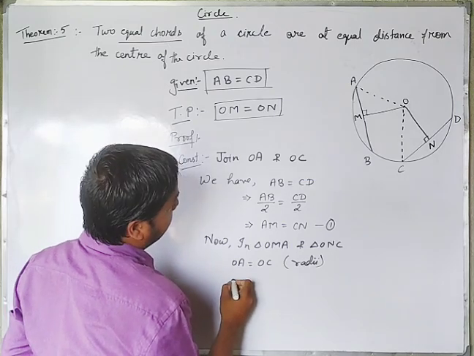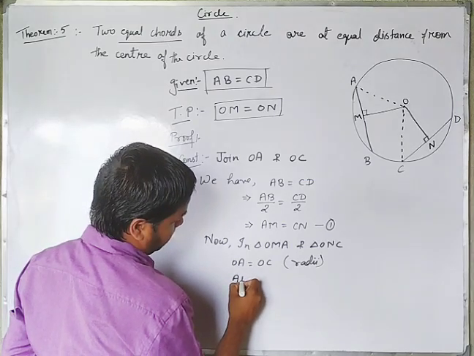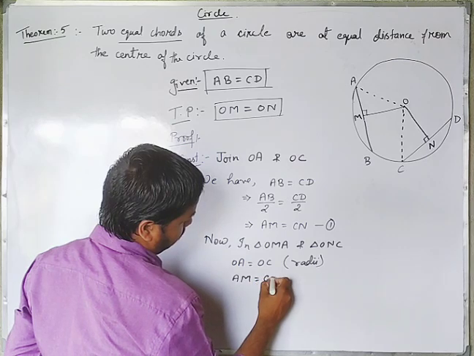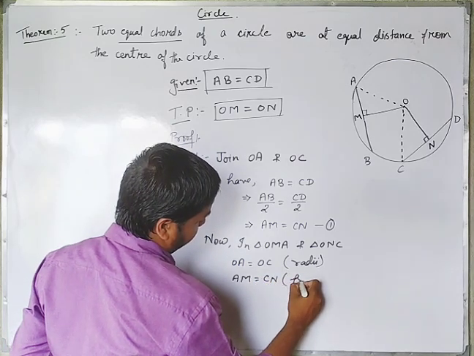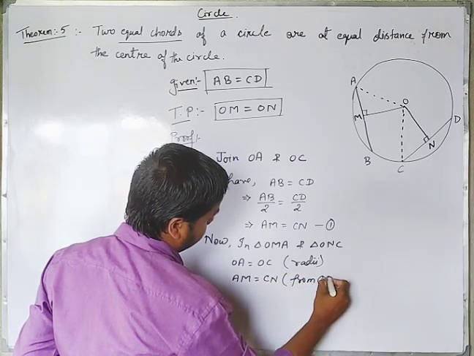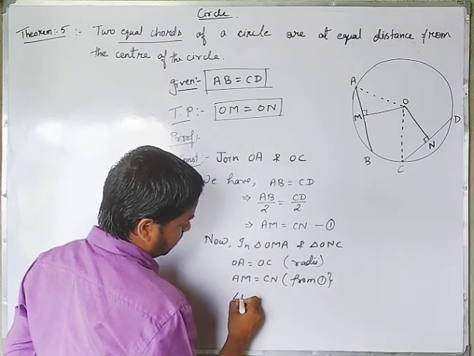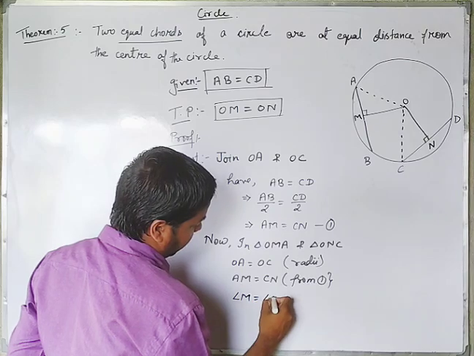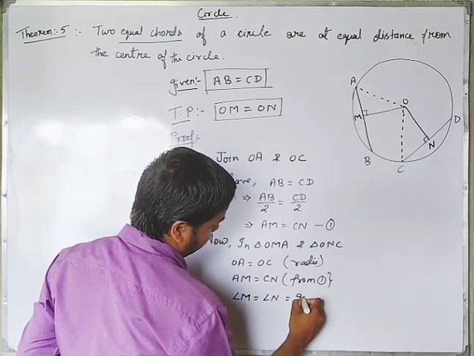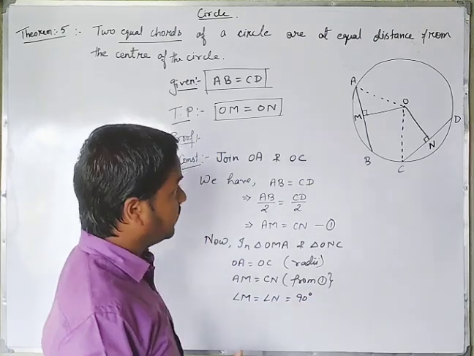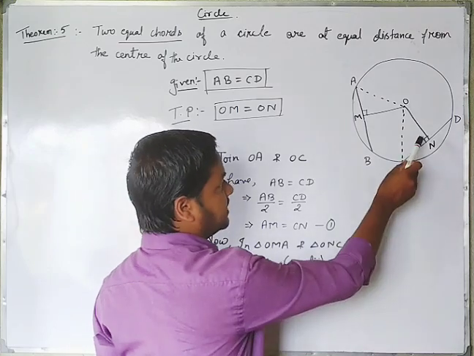Another one that we have is AM equal to CN, which we found in equation 1. The last one is given there: angle M is equal to angle N, that is equal to 90 degrees.